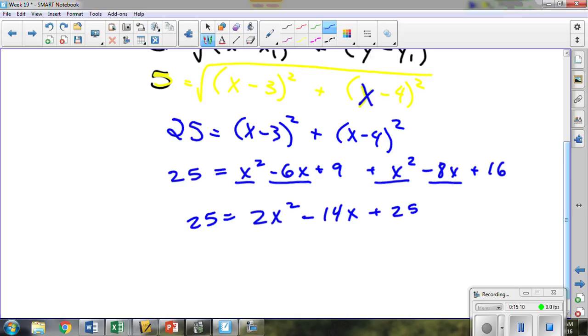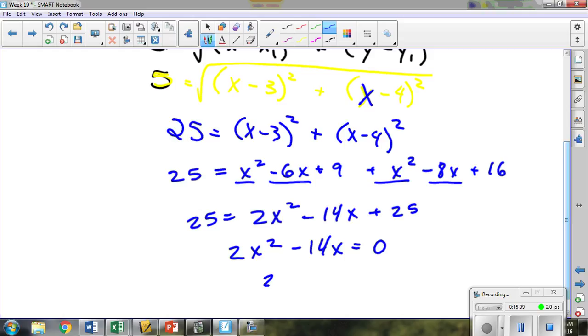And so we now need to solve this quadratic. What we'd wind up with, subtracting off the 0, we'd have 2x squared minus 14x equals 0, which again was obtained by subtracting the 25 over. 25 minus 25 would be 0.